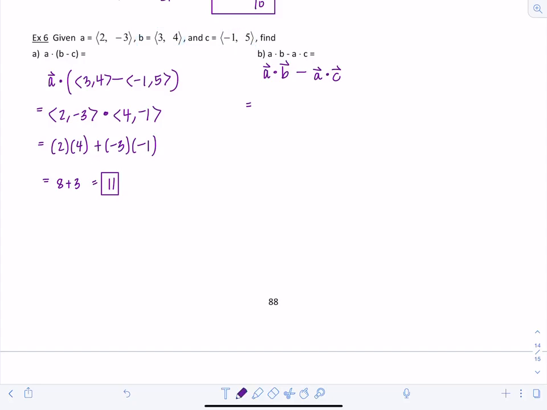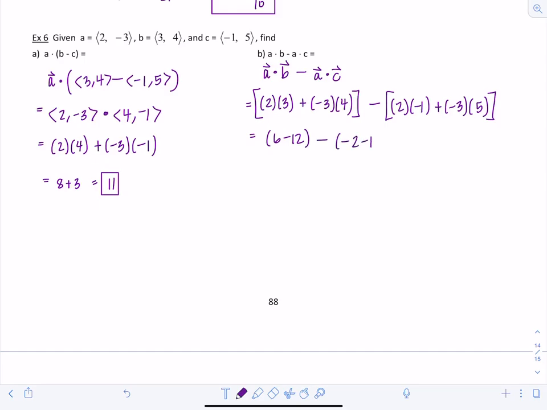A dot B is going to be 2 times 3 plus negative 3 times 4, minus A dot C, which is 2 times negative 1 plus negative 3 times 5. So this is going to be 6 minus 12 minus negative 2 minus 15, which is negative 6 minus negative 17, so negative 6 plus 17, which is 11.